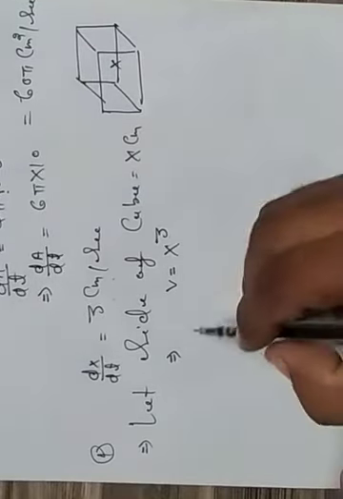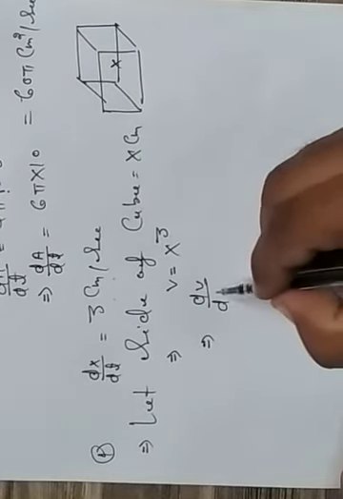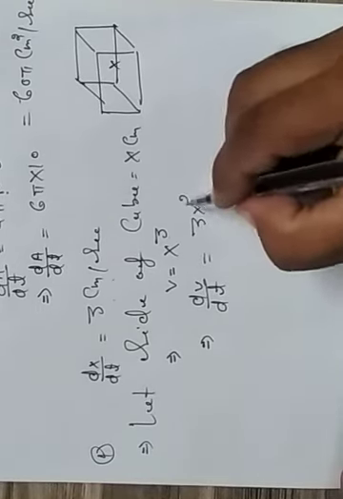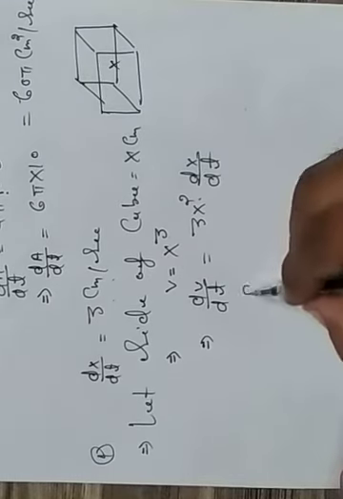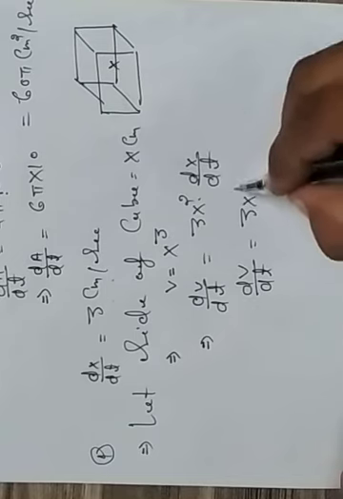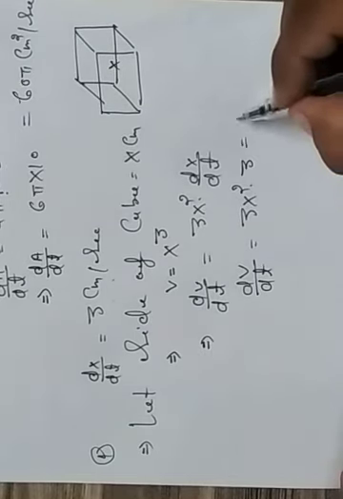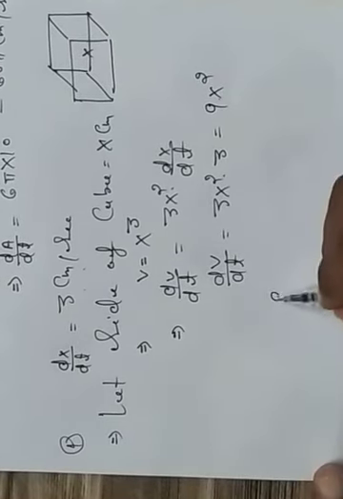Now differentiating both sides with respect to time, then dV upon dt is equal to 3x square into dx upon dt. And now we will put the value of dx upon dt. Dx upon dt is given here 3, then it becomes 9x square.